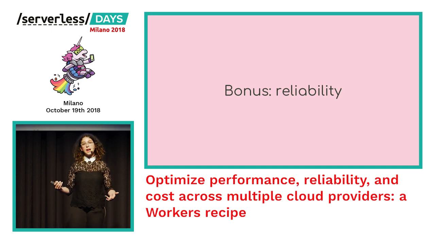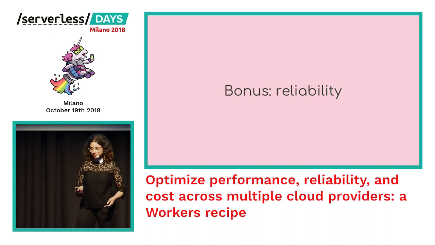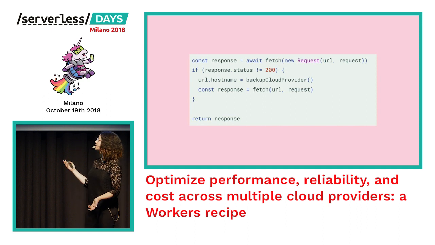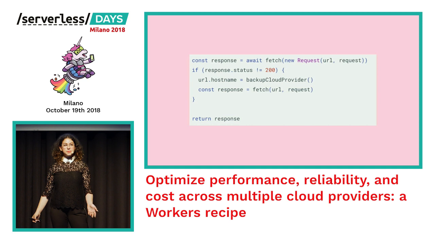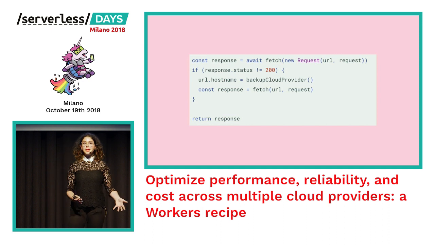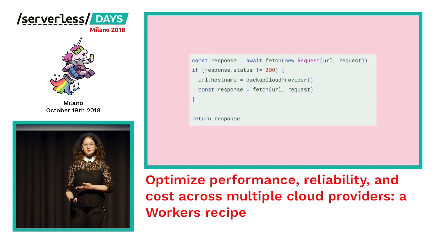Most of the time, it's in the cache, which gives you that additional reliability that if the service that you end up resolving to is down, hopefully Cloudflare will already have the cat picture in the cache. But what you can also do is check for the result that you get. So if you expected a 200 back and you didn't get that, you can try another cloud provider. We also offer load balancing, so you can set that up with health checks, but this is another way to DIY it.